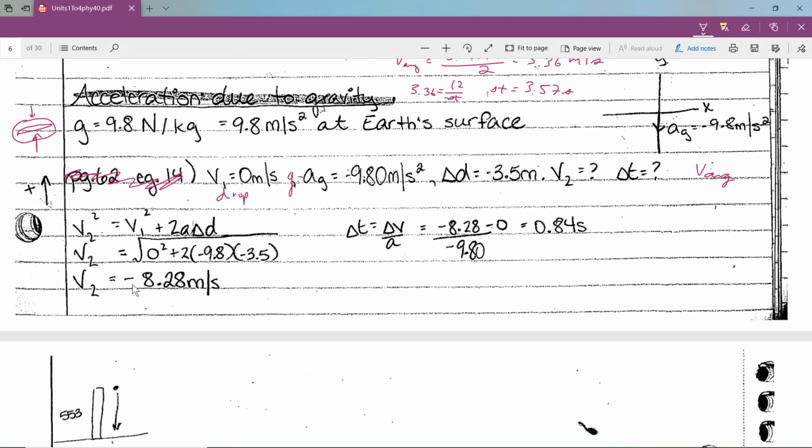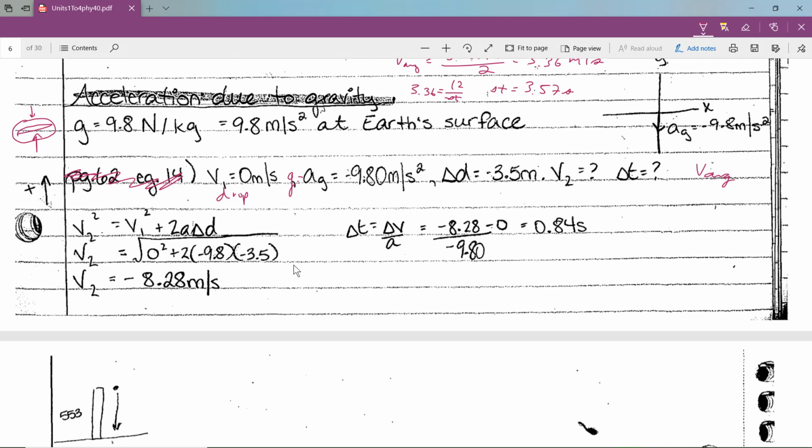So V2 is negative 8.28 meters per second. So that just means that the apple has fallen to the bottom of the tree and has now picked up speed from 0 to 8.28 meters per second. How long did it take? Delta T is delta V over A. So 8.28 minus 0 over 9.8, the negatives cancel.